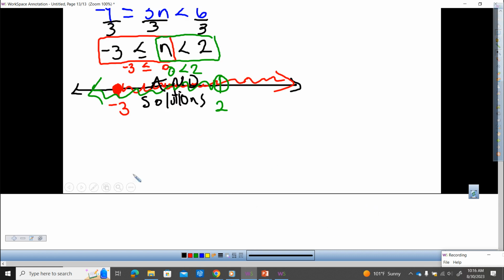Are we done? No. Solution set. Solution set of n, because this is no longer x, it's what? n, such that... tell your neighbor what to write after that, please, and then close the solution set. What do we write right after that?